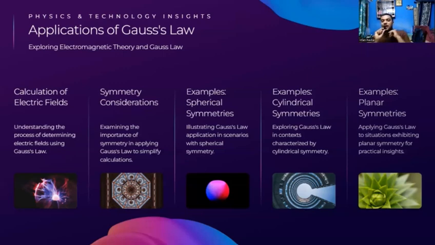And in planar symmetry, we apply Gauss law to situations exhibiting planar symmetry for practical insights. So there are three major symmetries from the sources I found: planar, cylindrical, and spherical. Symmetry is one area where Gauss law plays a major applicational role, right?